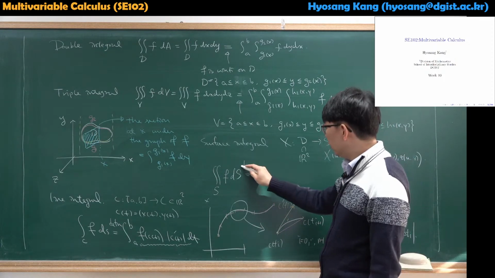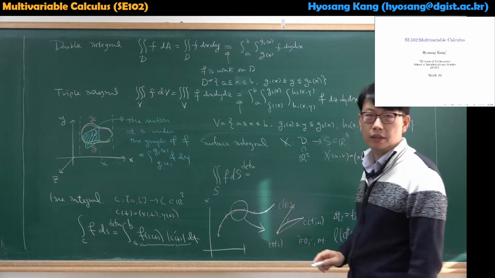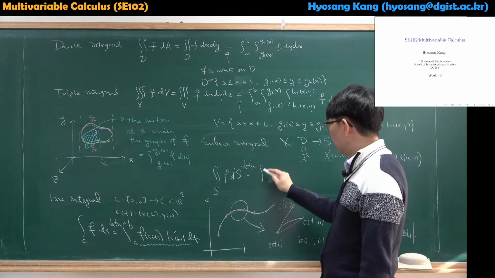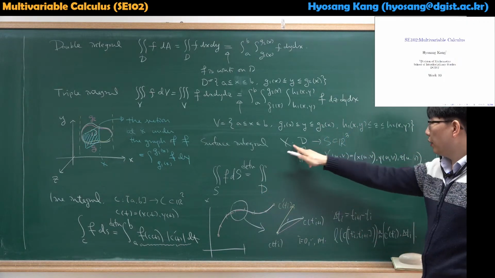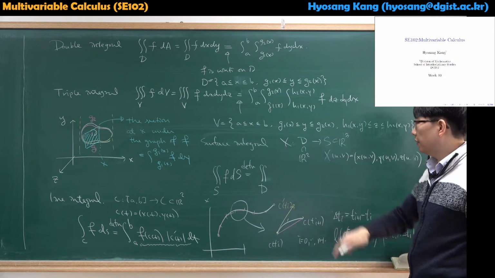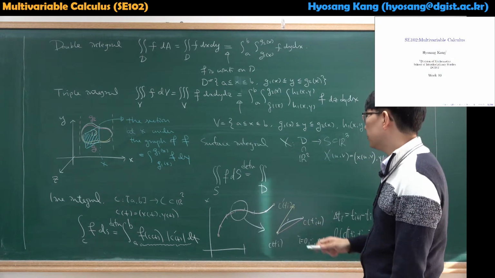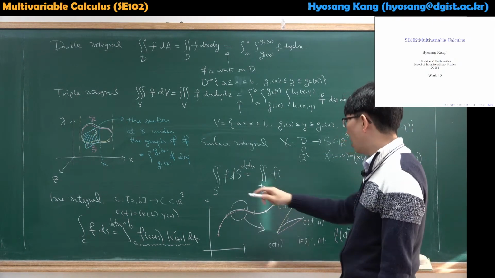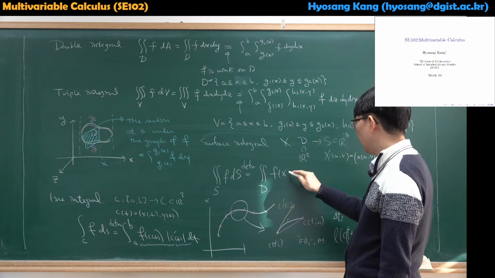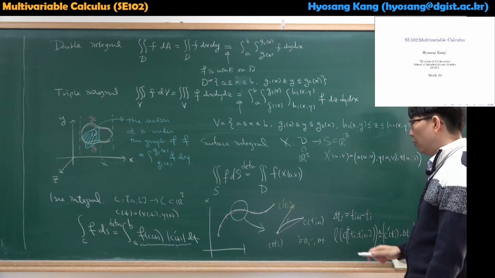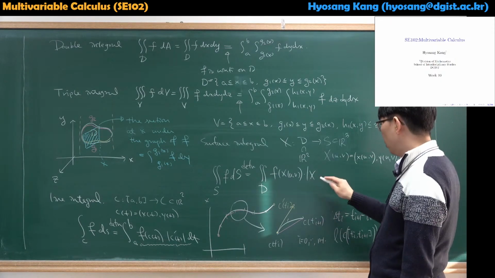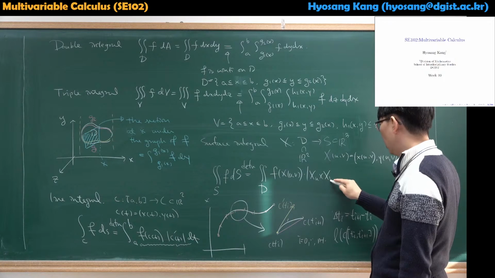How it is defined translates into a double integral. So you're going to take the integral over D, where D is the domain of the parameterization x, and we take the composition of f and x, and then you multiply by a weird component. It's called x_u and x_v.